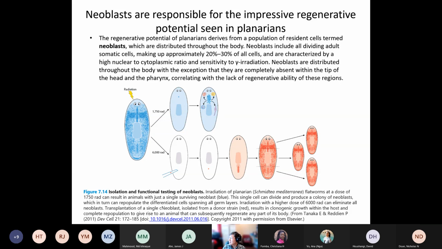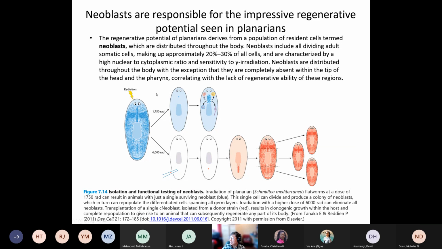So on this slide, I introduced a new concept, a term called neoblast, shown in the black font. A neoblast is the stem cell in this creature. So here in the figure, I will explain to you how the neoblasts were identified by experiment.